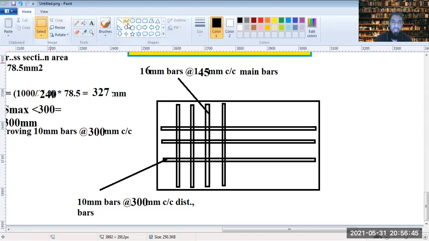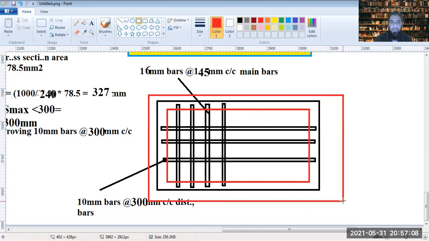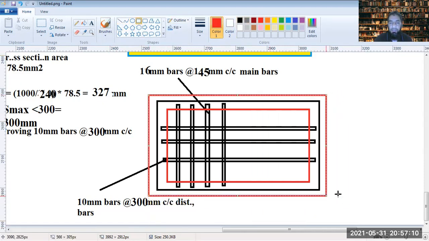There is one more thing that you need to focus on, which is at the ends. What happens is that towards the ends, let me show this. This is towards the ends. There are supports here. For example, the support condition is somewhere here, and then you need to extend these.